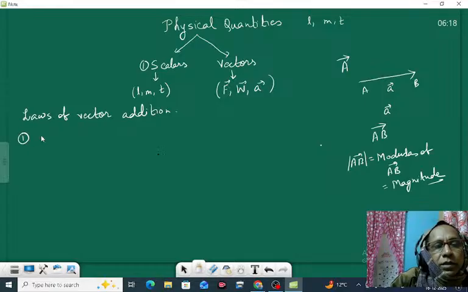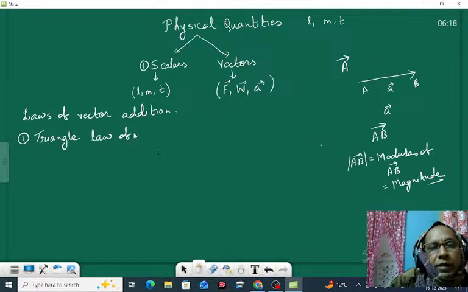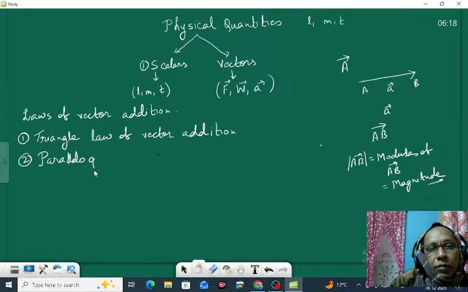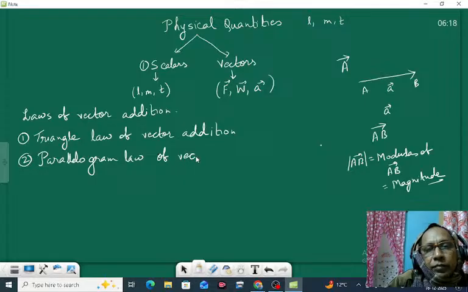Number one is known as the triangle law of vector addition. Number two is known as the parallelogram law of vector addition.